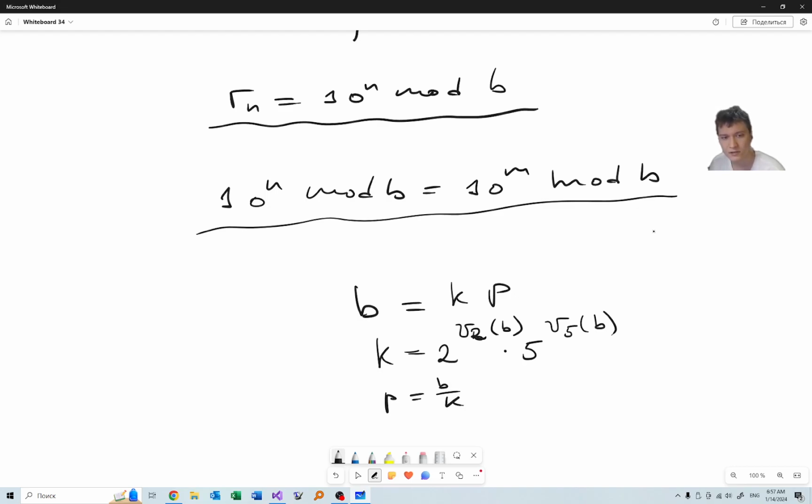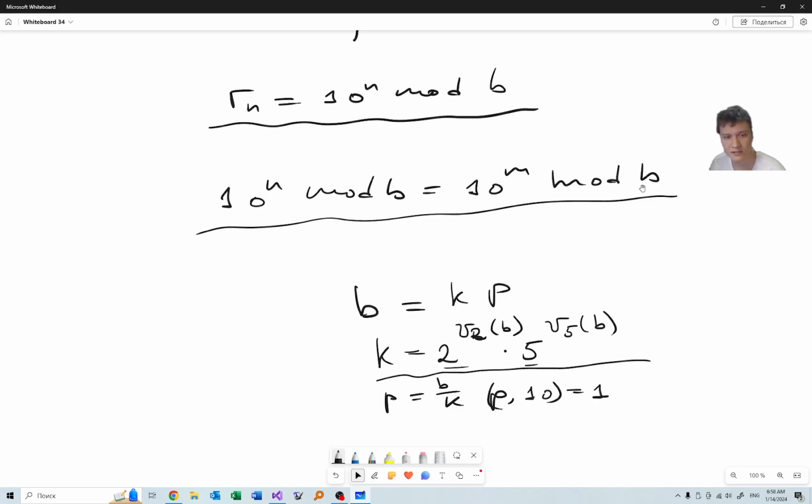So k is the maximum integer divisible by only 2's and 5's, such that p has unit GCD with 10.